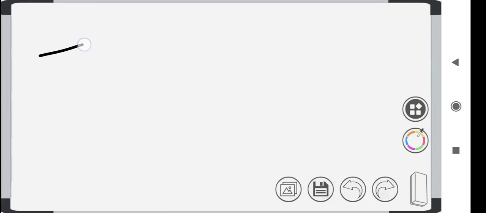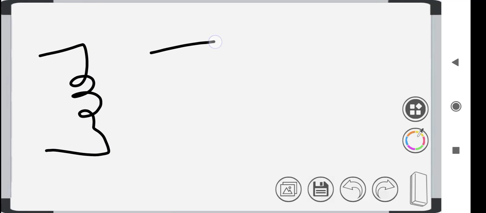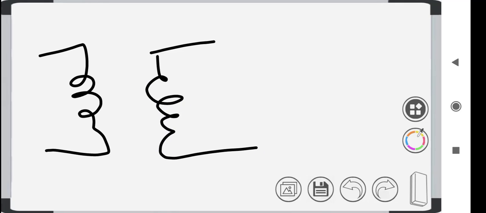Suppose this is one circuit, and this is another circuit. There is no electrical connection between these two circuits.